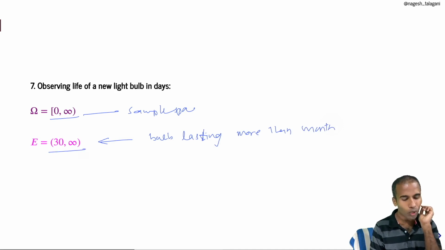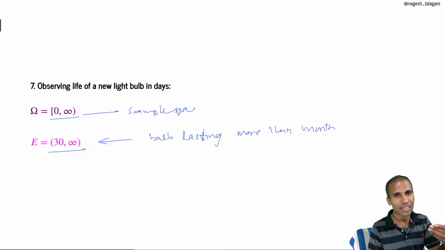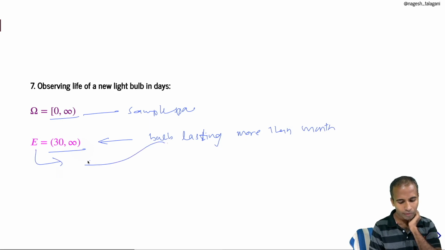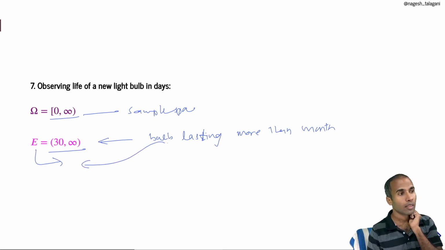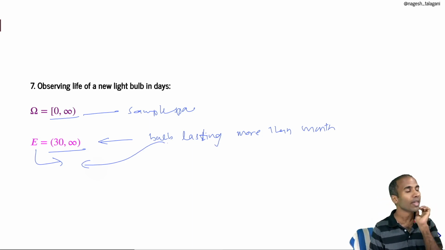I'm taking it open because it is more than 30 days. This represents this event. So these are some typical examples of random experiments and corresponding sample spaces, and some events of interest could be like this.